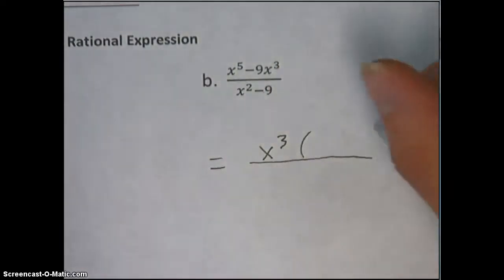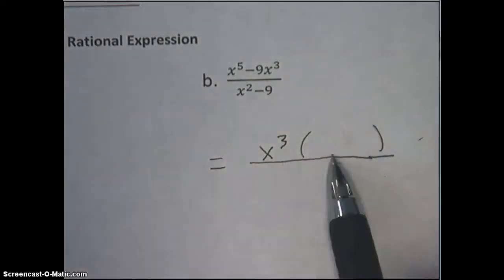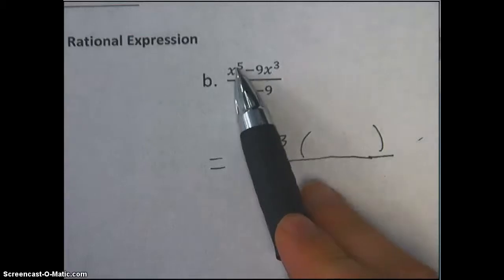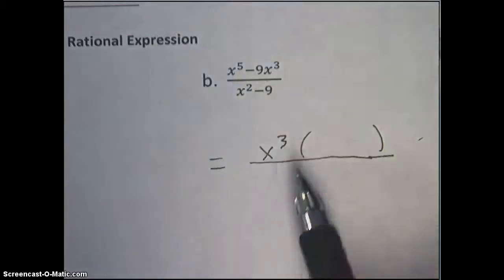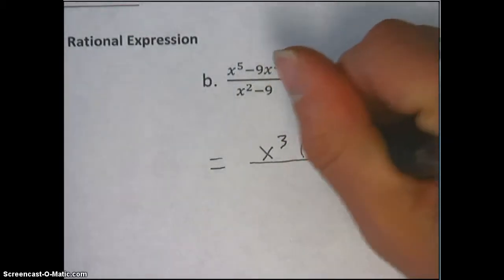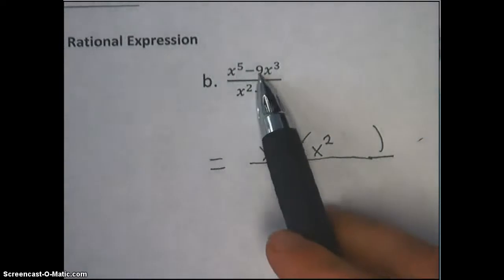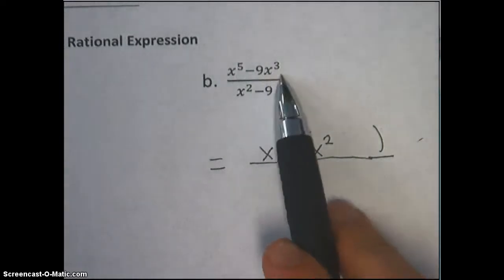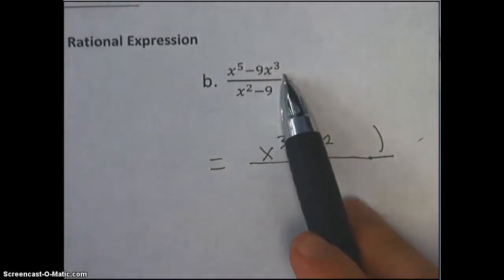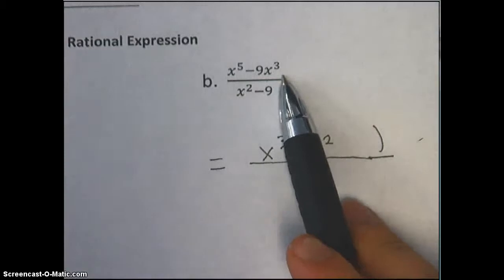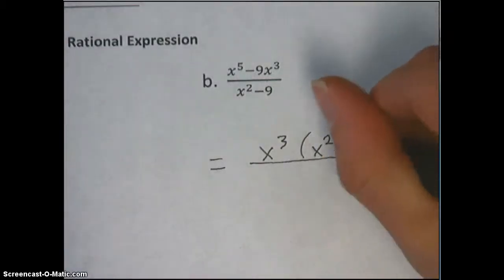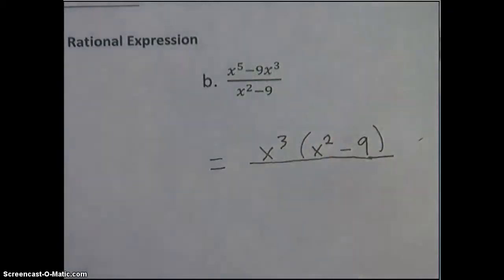And in parentheses, I'm going to write whatever's left over. All right, so I had x to the 5th, that's 5 x's, and I took 3 out. Remaining is x squared. And then I took x cubed out of negative 9x cubed, so that all that's left is that negative 9.